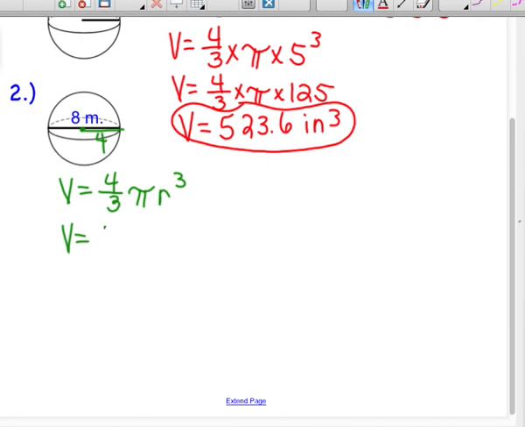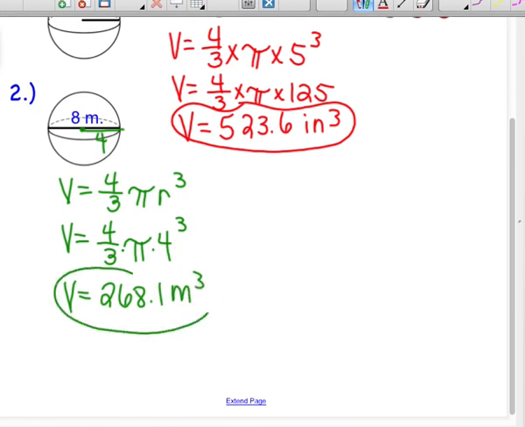Now I'm going to plug in my value for my radius. Radius is 4 to the third power, and of course I'm multiplying there. And in your calculator, 4/3 times the pi button times 4 times 4 times 4 is 268.1 meters to the third power, or cubic meters.